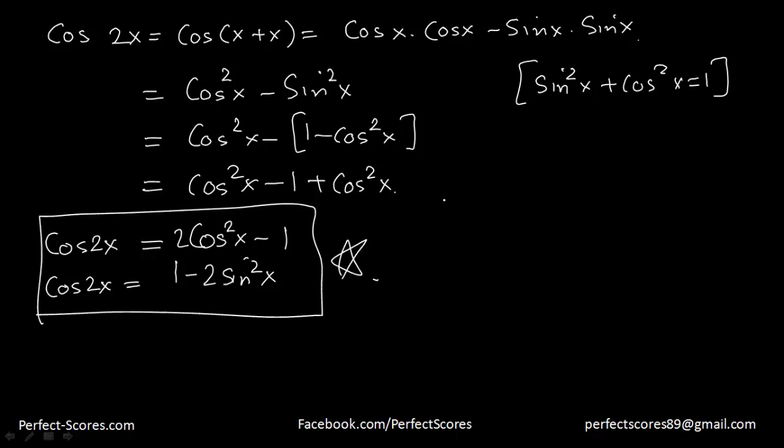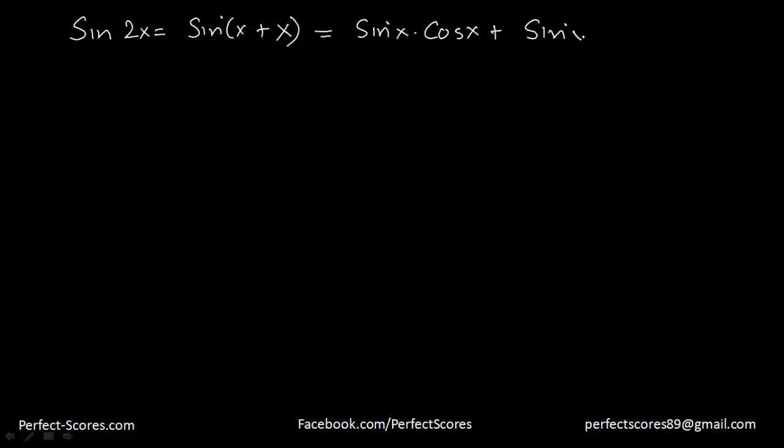Suppose you're understanding what I'm trying to say here. Similarly, you can find out what sine of 2x is. Sine of 2x can be written as sine of x plus x. So what is sine of x plus x? It's equal to sine x into cos x plus sin x into cos x, because sin a plus b is equal to sin a cos b plus sin b cos a, which is this here.